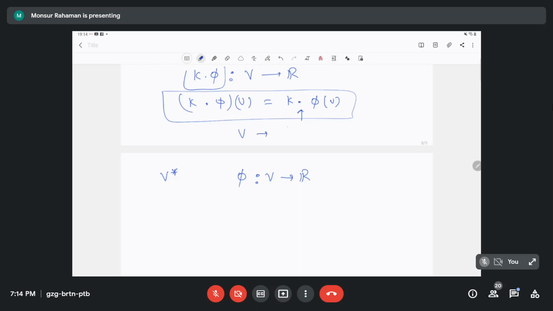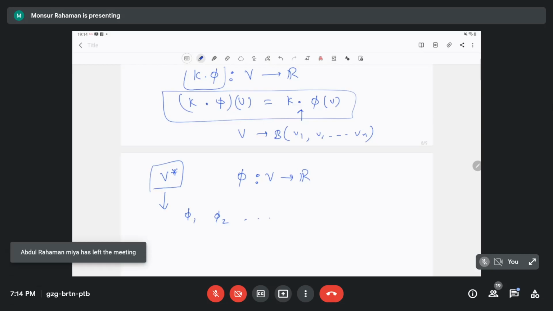Suppose you have taken the basis vectors v1, v2, vn. This is a basis of V, and then with respect to this basis you can find some basis vectors, suppose phi1, phi2. I have not told you how many dimensional it will be.